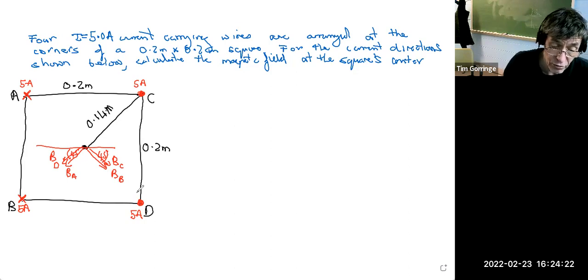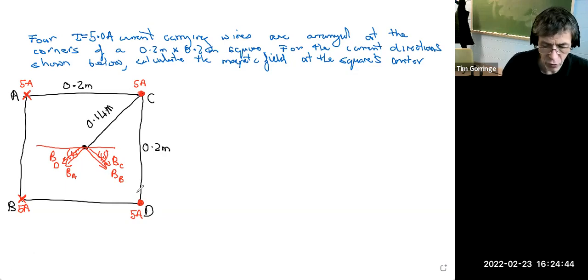Two of them point towards the left and are 45 degrees below the horizontal. Two of them point towards the right and are 45 degrees below the horizontal. Because of the symmetry of this arrangement, because the currents are on a square, the fields have this simple arrangement of being 45 degrees below the horizontal, two to the left and two to the right.